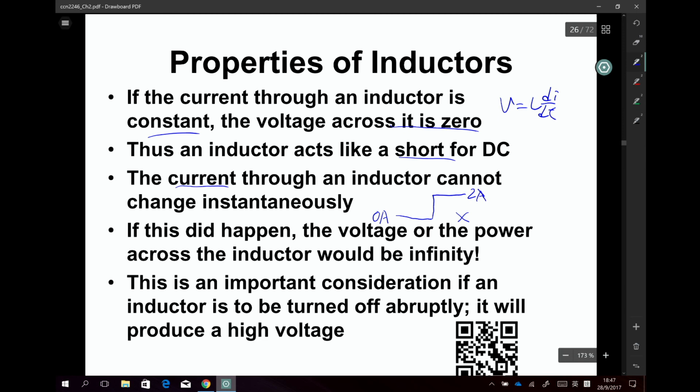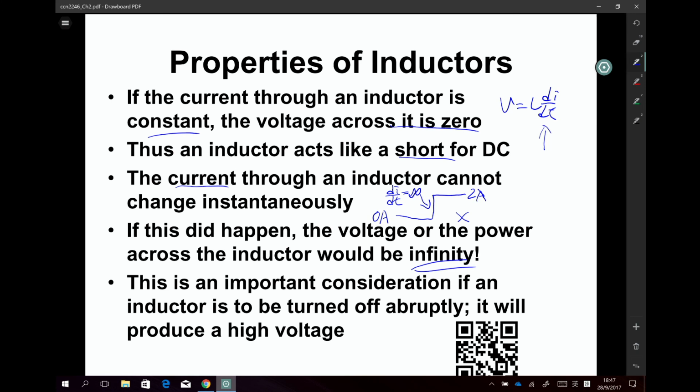This is because, again, when you consider the IV characteristic of the inductor, di over dt means the slope. So if you have a sudden jump, it means di over dt will become infinity. Or you may say, you have an infinite power supplying to the inductor, that cannot happen.